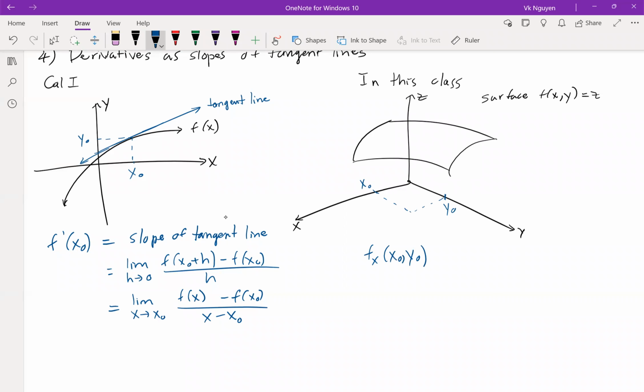What is that? The partial derivative. So when we do f sub x, what happens is that we treat y as a constant. That is, let y equal y sub 0. This is a plane.